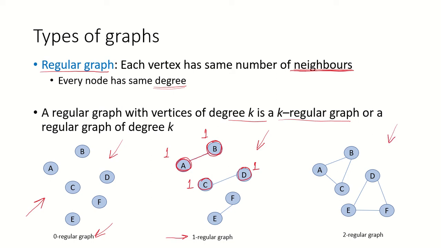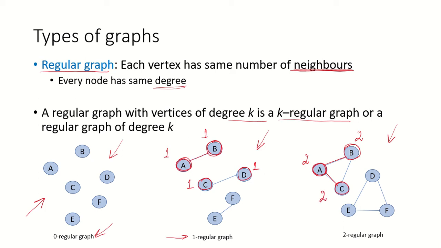Let's take this example. The degree of node A is 2 because it is connected to two nodes. It is connected to node B and it is connected to node C. Similarly, degree of node B is also 2 because it is connected to two nodes A and C with an edge.